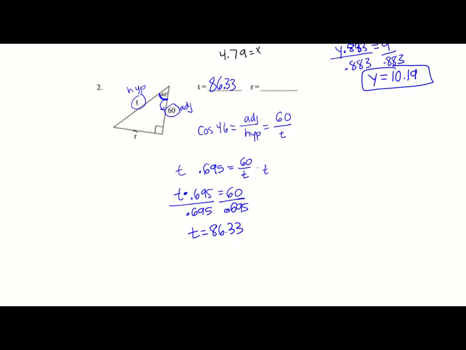Now to find R, I know R is my opposite. Again, I can use my hypotenuse, which I know now, or my adjacent, but since my adjacent is a whole number, I'm going to stick with that. So, opposite over adjacent, I know I'm going to need to use tangent.